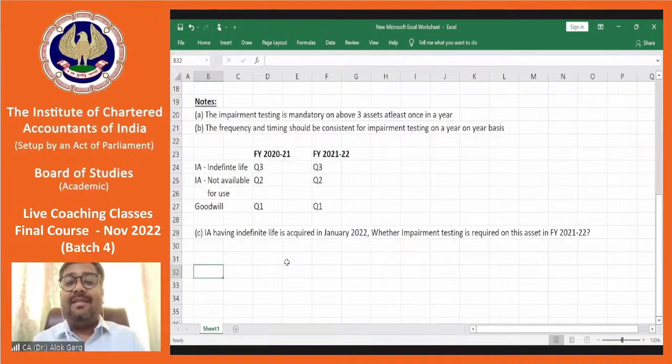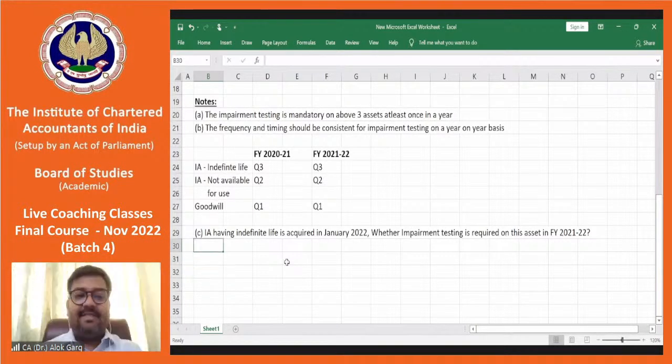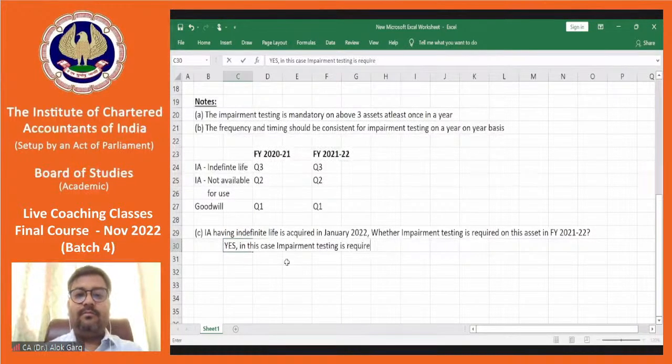So impairment testing is required at least once in a financial year, okay? So yes, in this case, impairment testing is required, right? Clear?